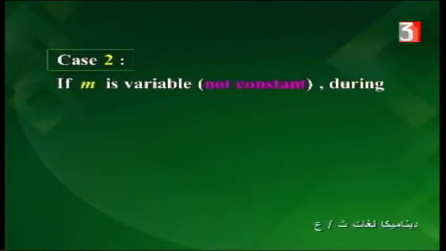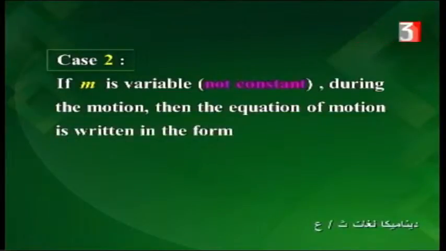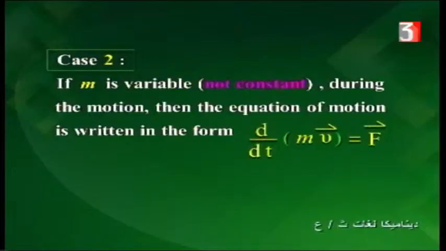The second case: if the mass m is variable, not constant, during the motion, then the equation of motion is written in the form: the derivative of mv with respect to time equals vector F. The derivative of m times vector v is the derivative of a product of two functions.